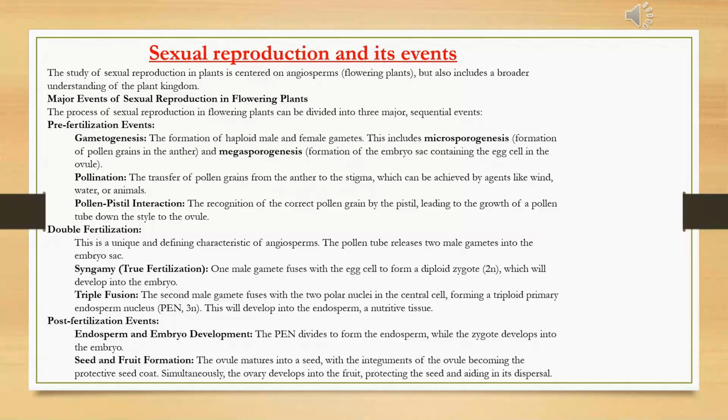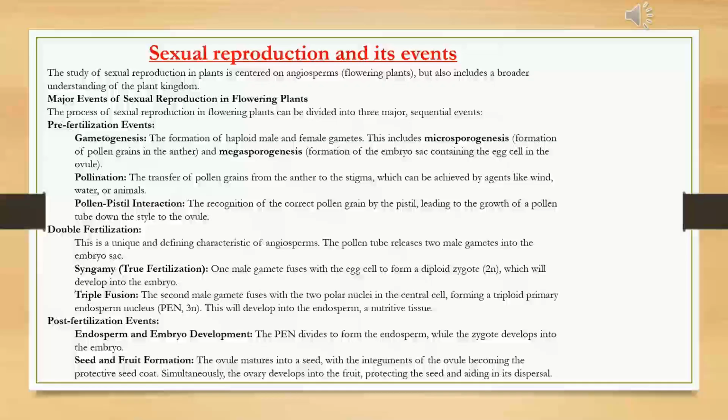The second male gamete fuses with the two polar nuclei in the central cell, forming a triploid primary endosperm nucleus. It is also called the PEN, which is triploid. This will develop into the endosperm, a nutritive tissue.